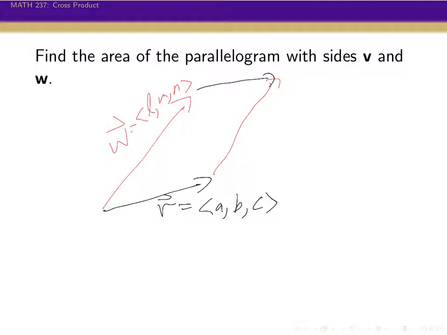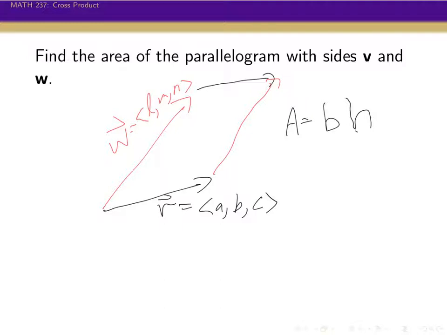So there's our parallelogram. So remember, the area of a parallelogram is going to be base times height. That's an H there. Let's at least make this look somewhat like an H. Base times height.